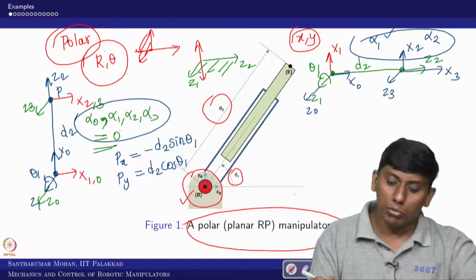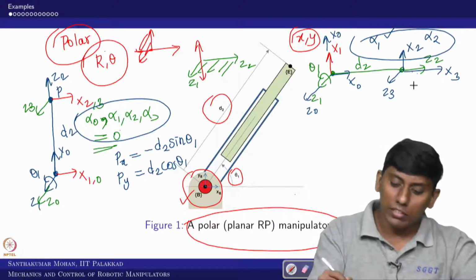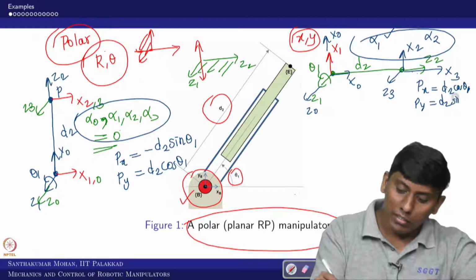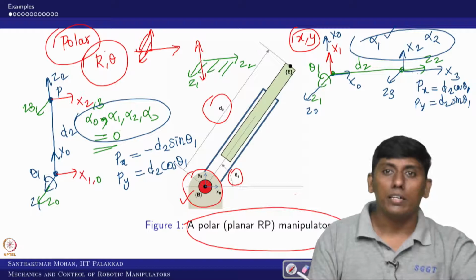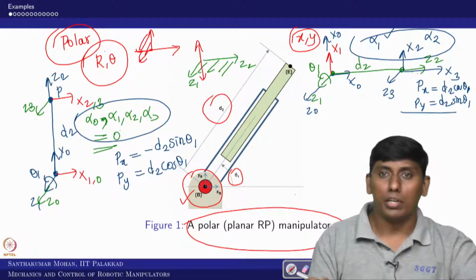In this case the y0 is going upward. So Px would be d2 cos theta 1, and Py is d2 sin theta 1, right. So we can get this, and this is what you call forward kinematics, right.